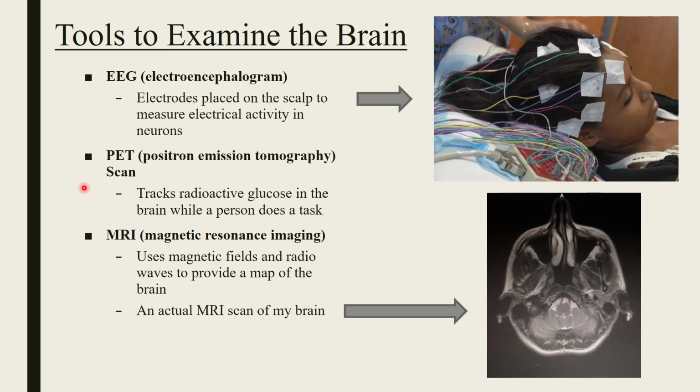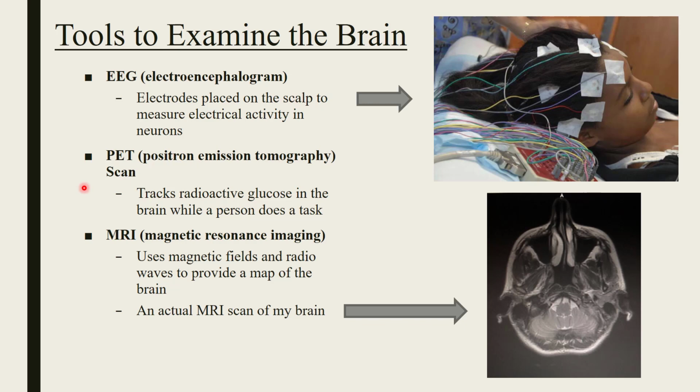The reason they use glucose specifically is that it is the number one food for the cells in your brain. The neurons in your brain use lots and lots of glucose when they are active as their form of energy. So what you can do when someone is undergoing a PET scan is look at what parts of the brain are the most active by how much of that radioactive glucose they are absorbing into that brain region.